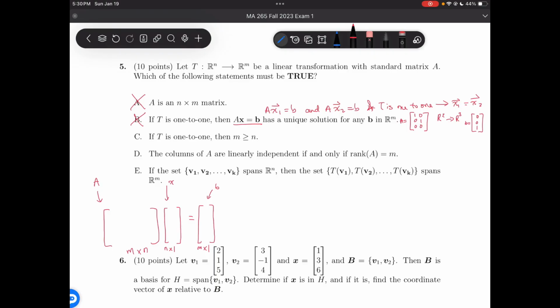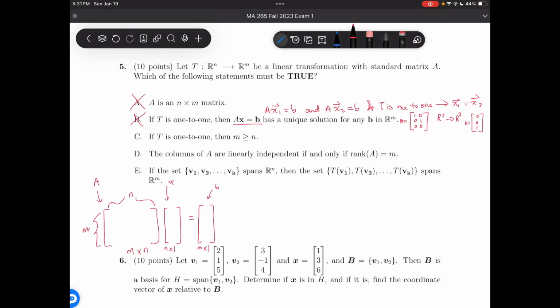Okay, so C is true, but we will come back to why it is true later. D says the columns of A are linearly independent if and only if rank A equals M. Okay, rank is the number of linearly independent columns in a matrix. And according to what we determined while we were determining if statement A was true or false, the matrix A must have m rows and n columns.